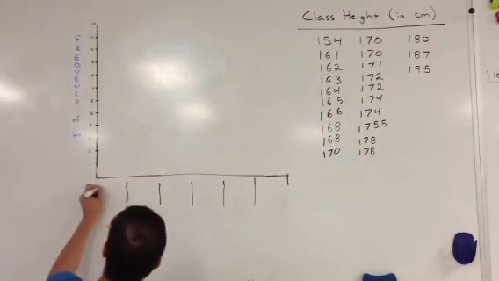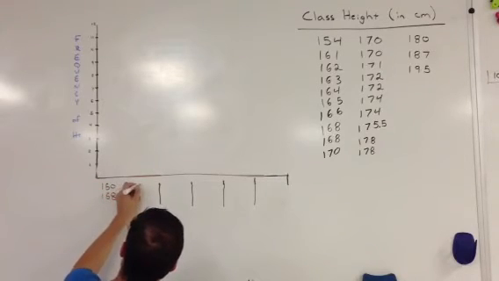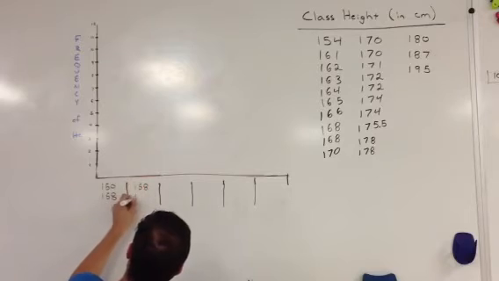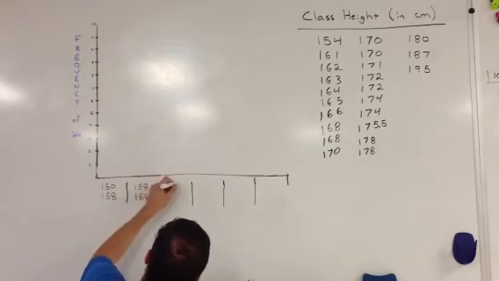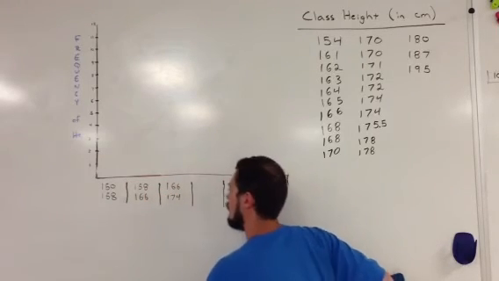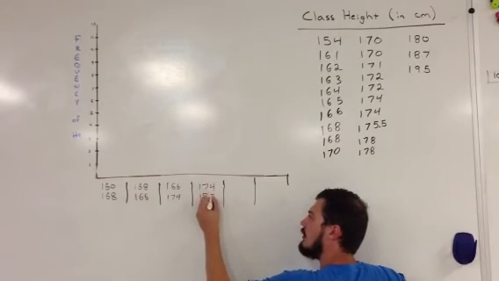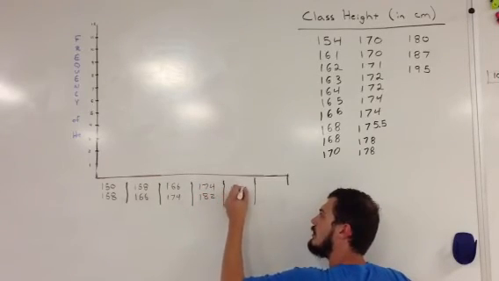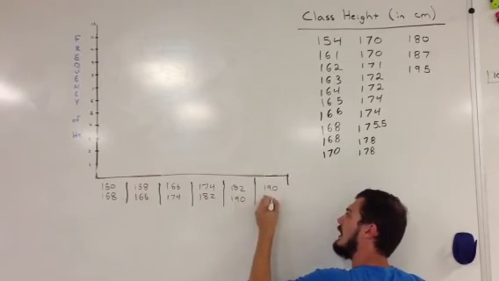So let's say 150 to 158, 158 to 166, 166 to 174, 174 to 182, 182 to 190, and 190 to 198.